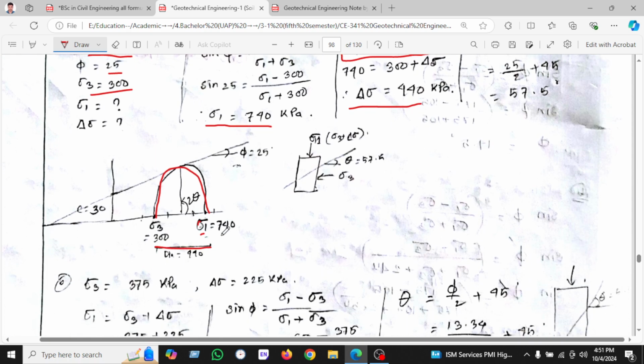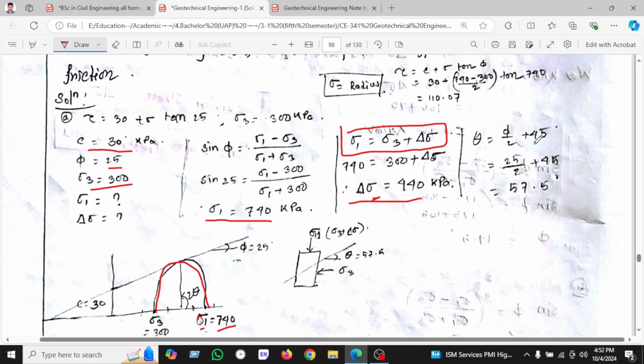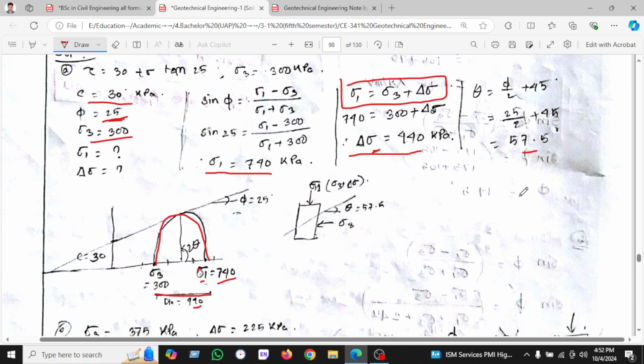So 445 is the diameter. Sigma 3 is given, so we will not do a back calculation. We find the delta sigma, which is the diameter, and theta equals 45 plus phi by 2. Phi is given here as 25, and we find 57.